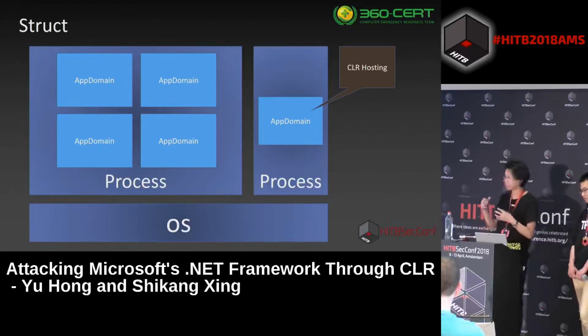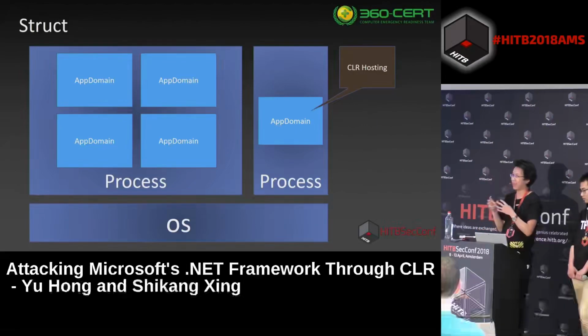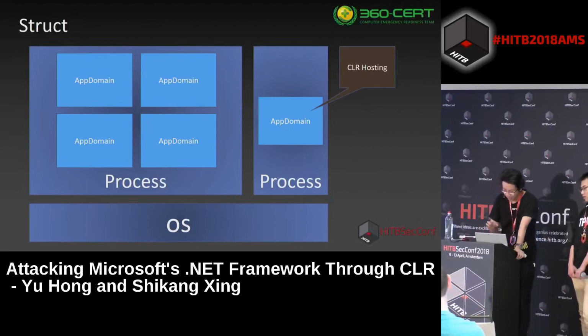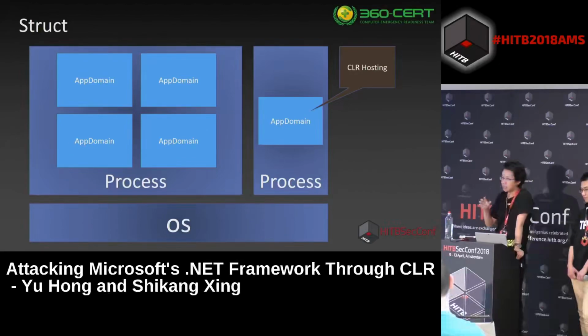Maybe translated in English as hosting program and non-hosting program, and not just one process loads only one program. One process can load many programs. The many programs are in the application domain.